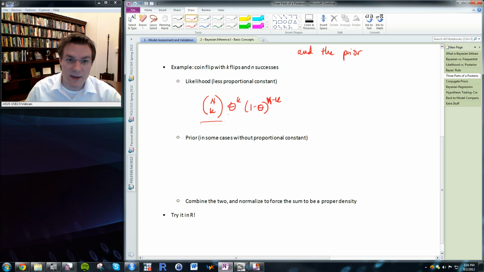In fact, this binomial coefficient can be stripped out because it would be the same for any value of theta. So we can actually ignore this when we go to construct the posterior to some extent. You'll see how this works out later. That's not really going to change what we think about our posterior beliefs. It's just going to be something we need to divide by in order to make the posterior equal to 1.